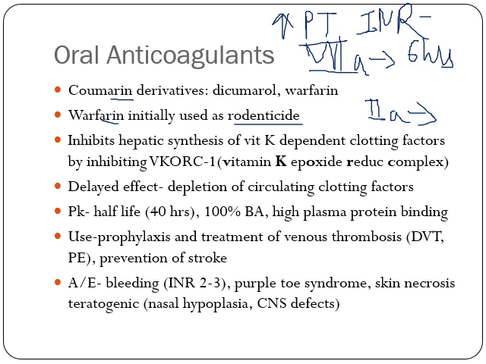It is the ratio of prothrombin time of the patient upon prothrombin time of reference, raised to the power ISI, and ISI stands for International Sensitivity Index. So INR is a better parameter to monitor the effect of warfarin.